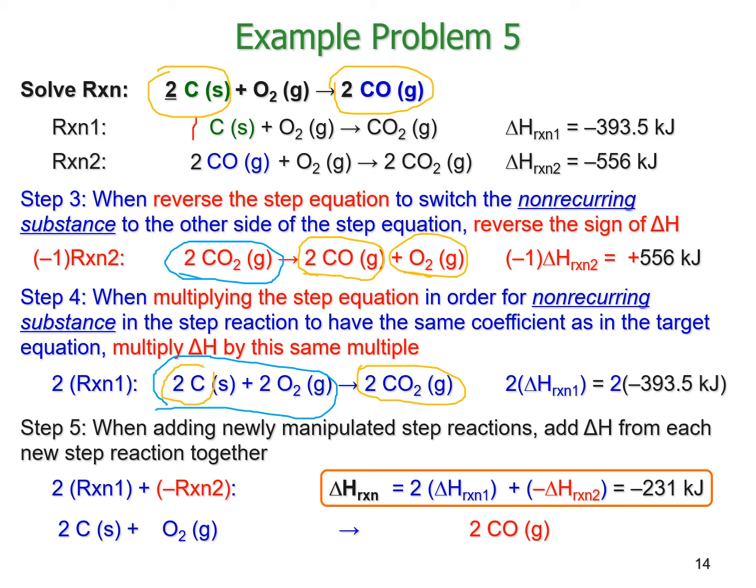Okay, this is how we perform Hess's law with the multiple step reactions. There are a lot of wording, a lot of processes, steps that we have to follow. And if we want to do this problem by following those procedures, it's going to take us a lot of time to do it.